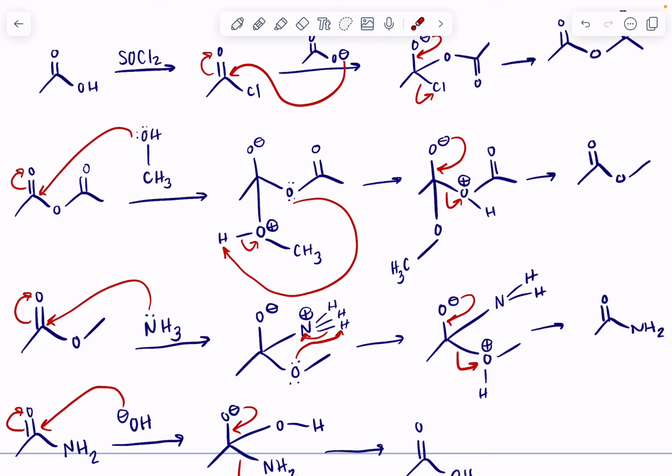So you used OH, you use an alcohol here, and here with the amide, you used an OH. So just think about what you're trying to make. If you're going from an anhydride down to an amide, then you need to add NH3. It's the same step.